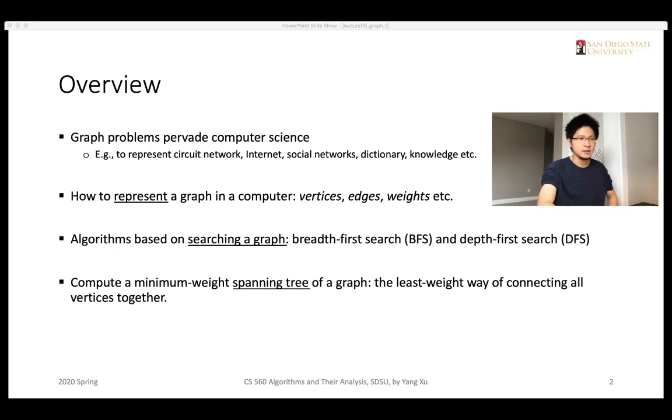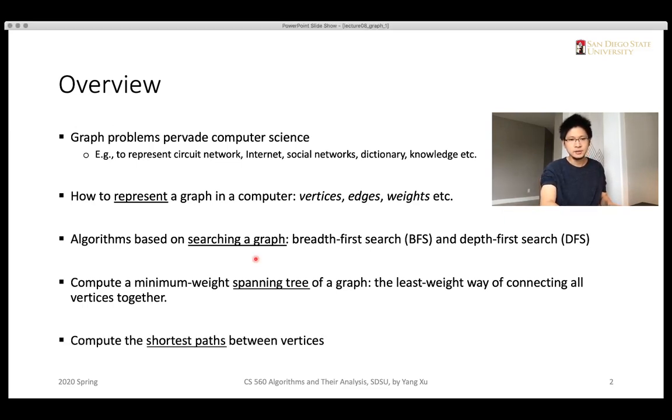These problems are meaningful when you want to optimize something, or optimize the properties with respect to a graph. And lastly, we'll also talk about the classical shortest path problems that basically help you find, given a graph, how do you determine the shortest path between any two or multiple vertices.